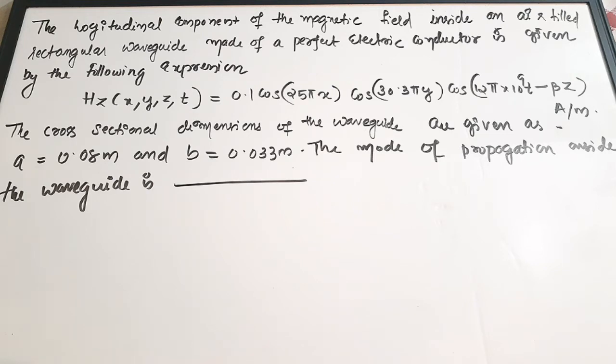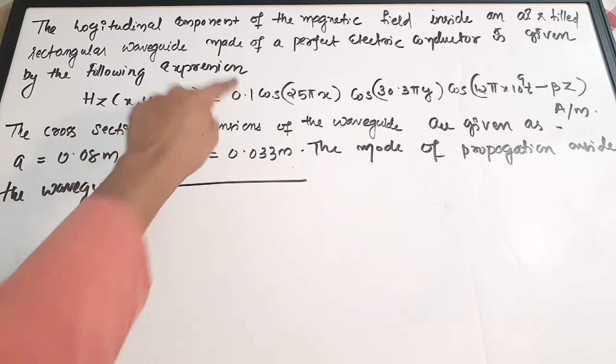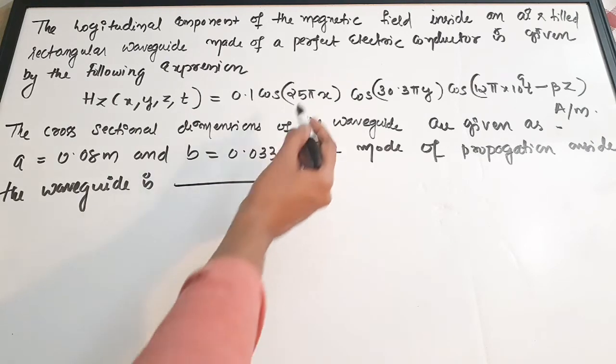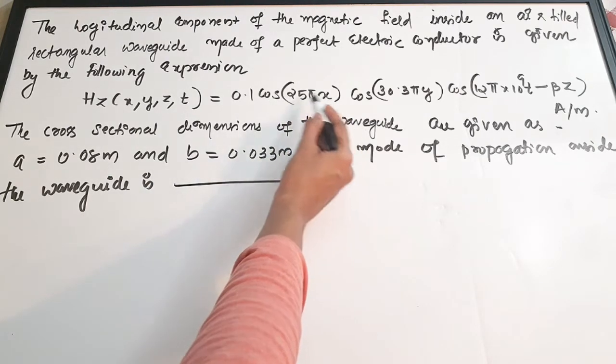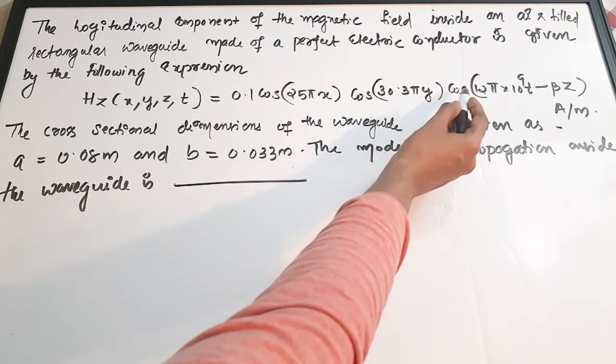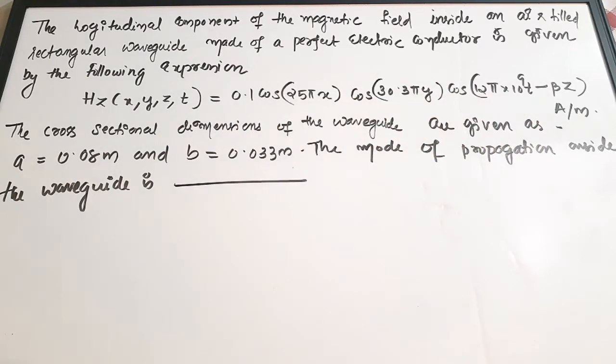What is given here is the longitudinal component of the magnetic field: Hz of x, y, z, t is equal to 0.1 cos 25 pi x cos 30.3 pi y cos (12 pi into 10 raised to 9 t minus beta z).